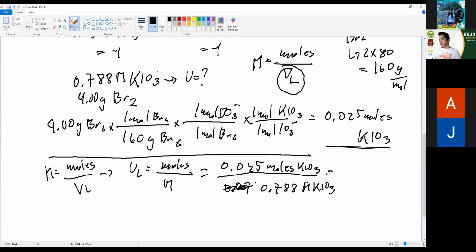Performing this equation, ang lalabas is 0.031726 liters or 31.726 milliliters. So, ibig sabihin, kung meron ka daw 31.726 milliliters ng 0.788 KIO3, magre-react yun sa 4 grams ni bromine.